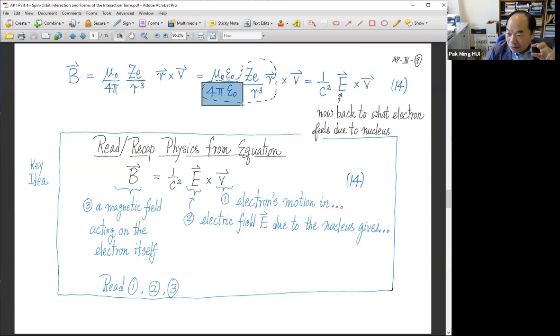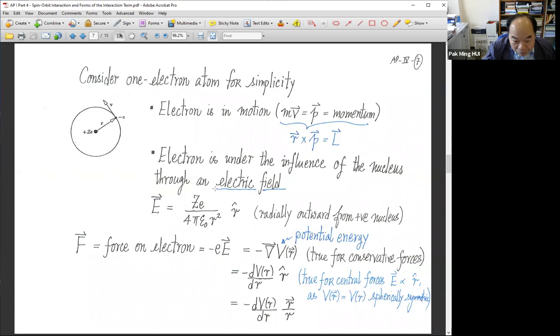So we want to express it back and see how this E field is related to the B field that we are talking about. That's the point. After we do this, this dashed part is exactly the E field that we wrote down.